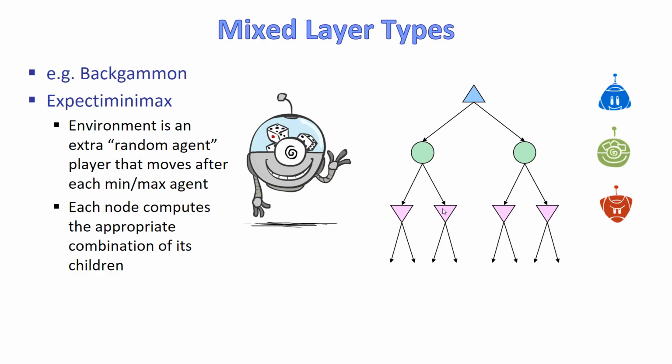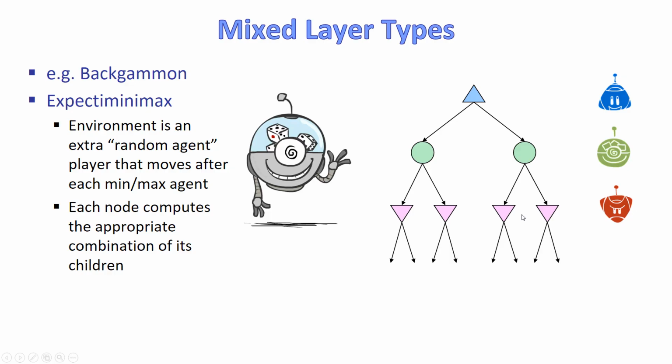Expectiminimax. Why is that? Because we have two agents. One is maximizing and one is minimizing, but there is a random agent in between, so there is a chance node level in between. That agent is trying to maximize. This chance node, of course, is getting the expectation, or the weighted average, and this agent is trying to minimize.